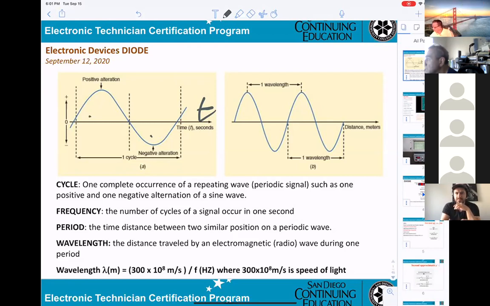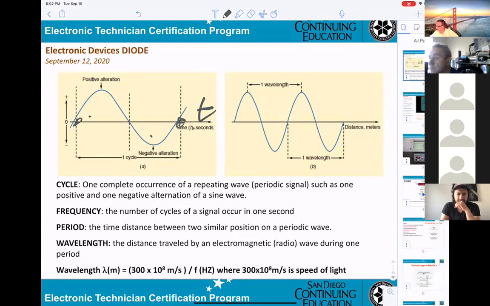Cycle: one complete occurrence of a repeating wave, a periodic signal, such as one positive and one negative alternation of a sine wave. That means from here to here is one complete cycle.